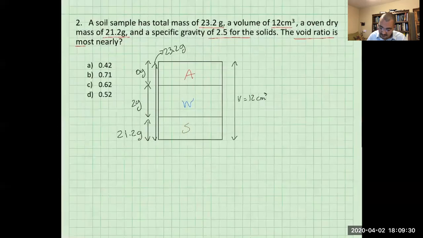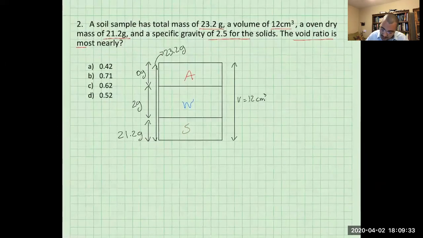Now, with that, we have a specific gravity. We can find the volume of solids with that. This is the volume of voids, which is volume of water plus volume of air. And here we have the volume of solids.